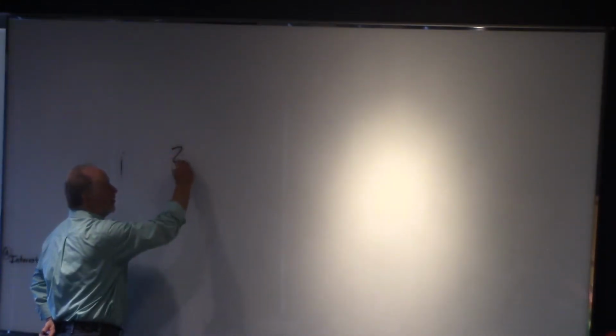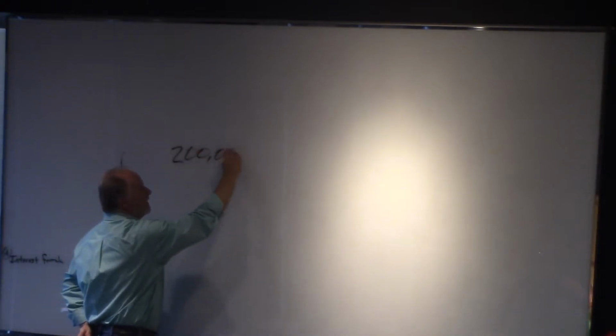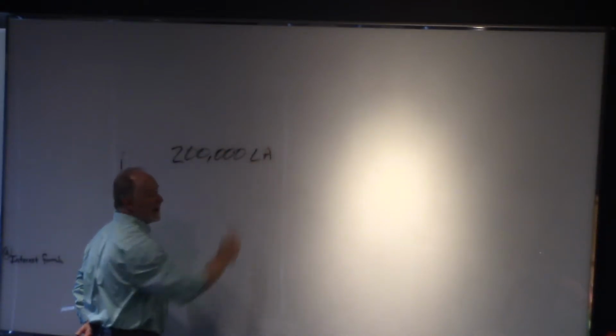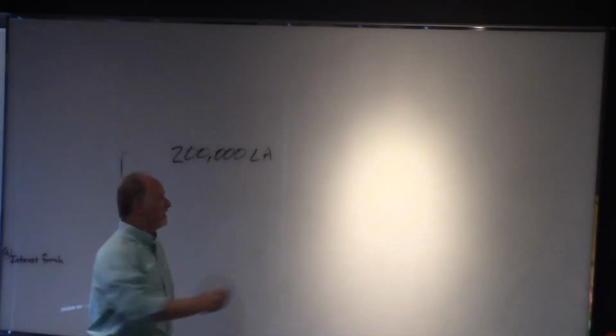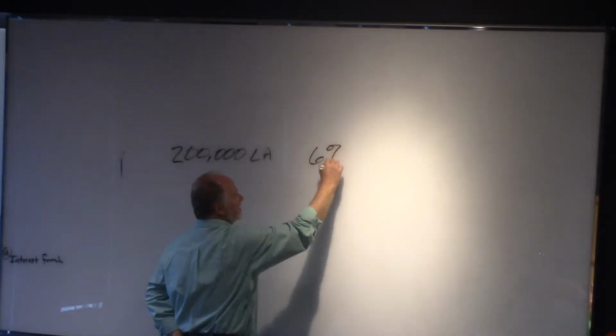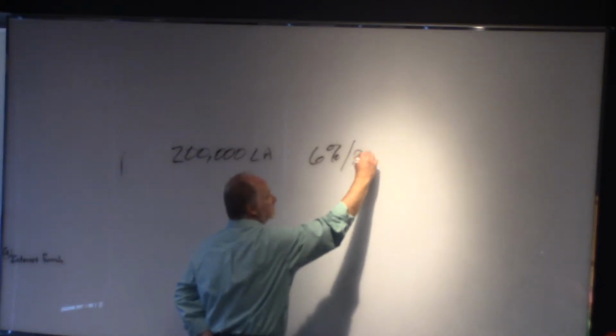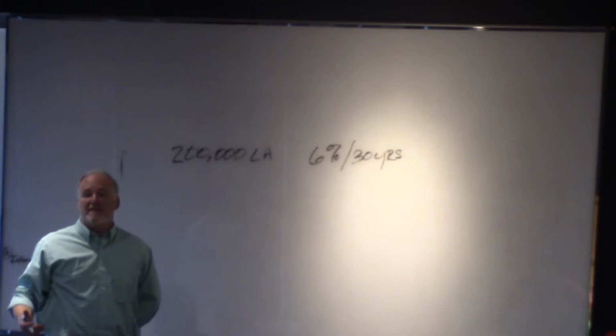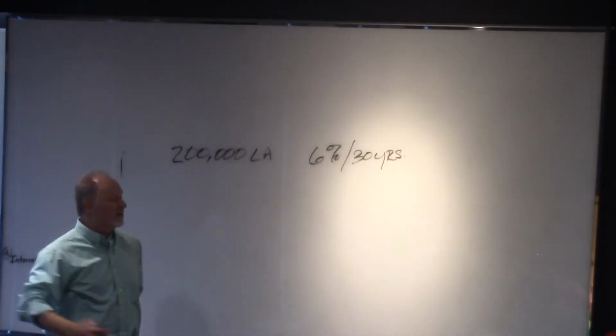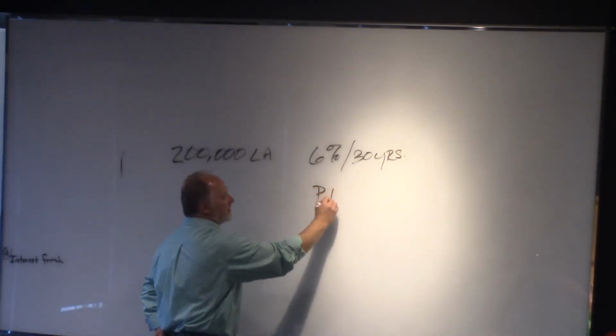So here's the deal. On a $200,000 loan, I'm stipulating that the loan amount is $200,000. I'm going to suggest that your interest rate is 6% for 30 years. And I will also stipulate that your monthly P&I payment is $1,200.